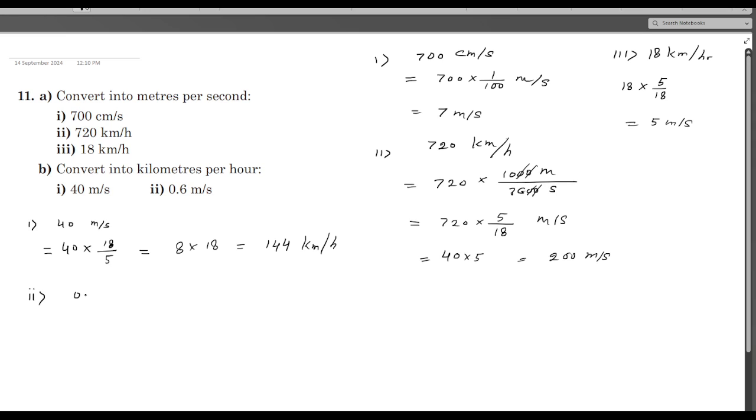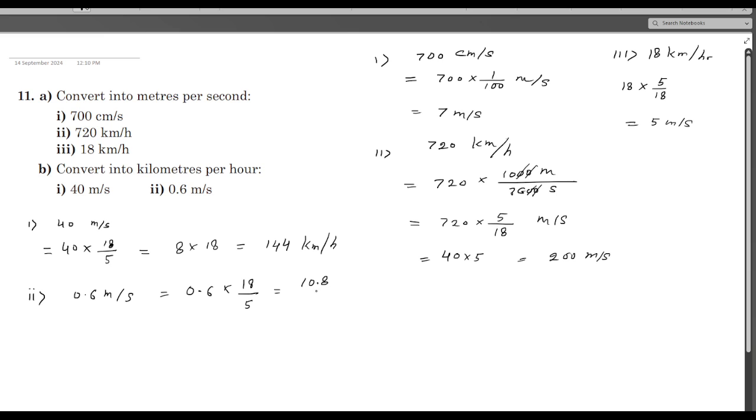And second, we have to convert 0.6 meter per second to kilometer per hour. So it is 0.6 into 18 divided by 5. 6 times 8 is 48, and then 6 times 1 is 6 plus 4 is 10.